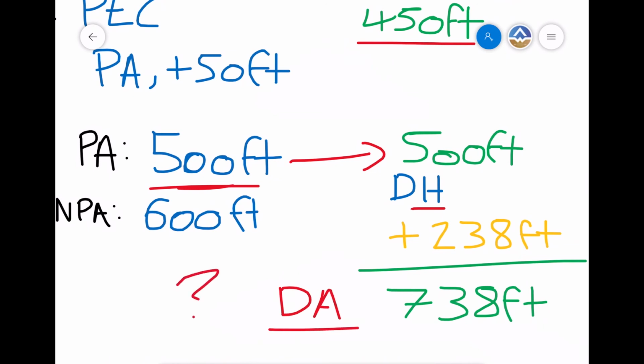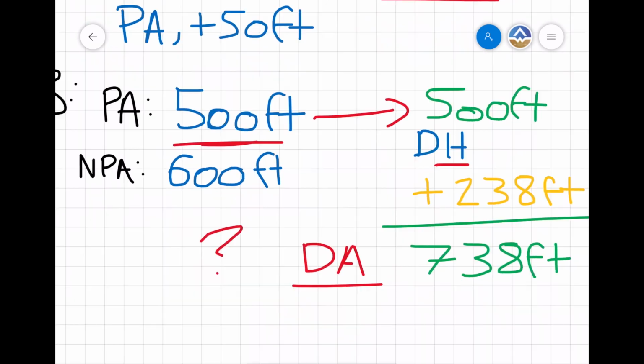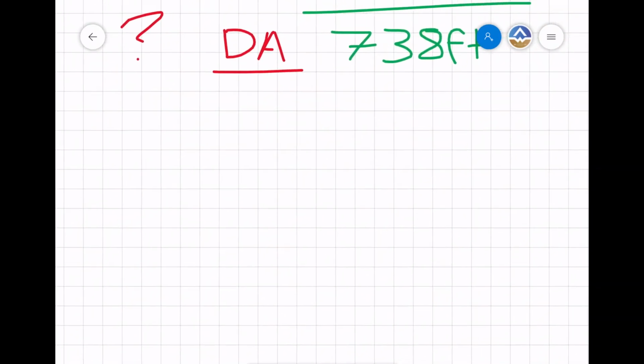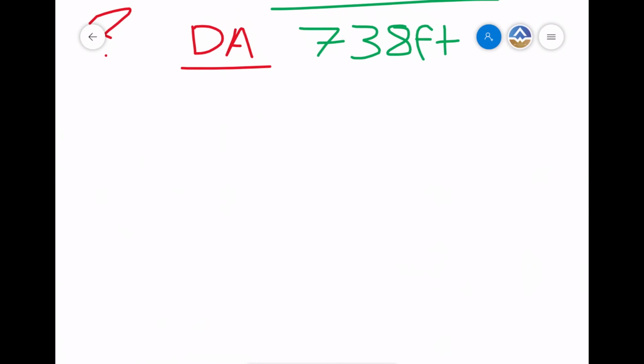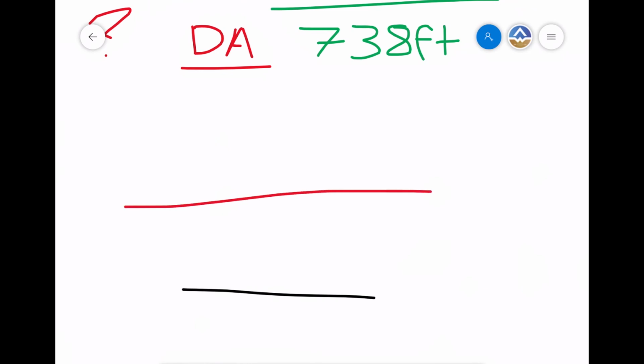But the question still remains, what do we actually do with this number during the approach? Well, thinking about our diagram from earlier on, I'm going to draw the runway side on again down here. Mark out our decision altitude as well of 738 feet. Here we are then, flying down our approach towards the runway.